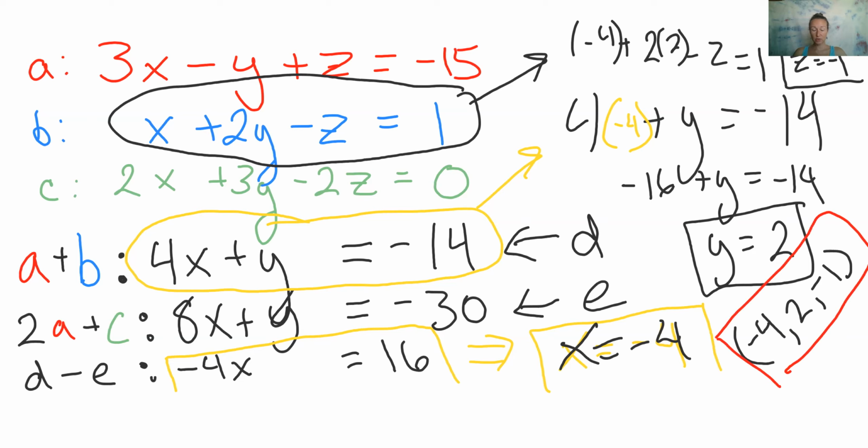It's a good idea once you get here to just go back into one of your other equations or both and make sure that if x is -4, y is 2, and z is -1, that this equation still equals 0. And if x is -4, y is 2, and z is -1, that this equation still equals -15. Okay. So you definitely want to go back and check those, and then you'll know you have the solution, right?